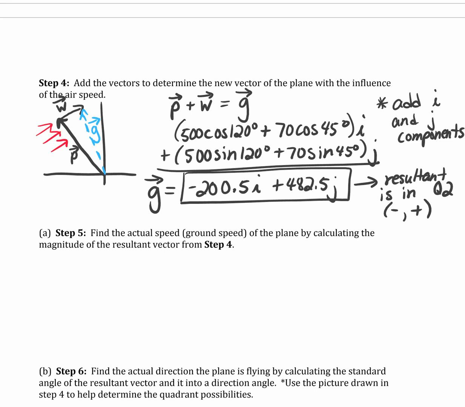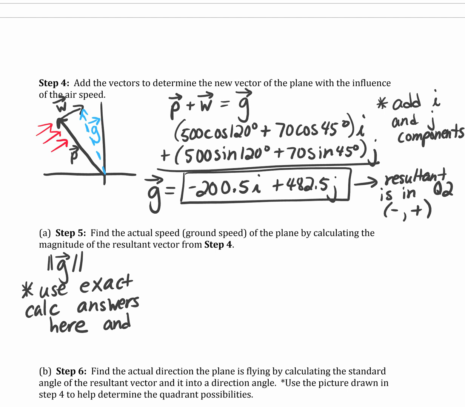All right, we want to find the actual speed or the ground speed. So we're going to do the magnitude of g that we just found. Make sure to use exact answers to calculate here. So you should have those stored from the calculator, which might mean scrolling back a little to grab those answers when you're doing it.